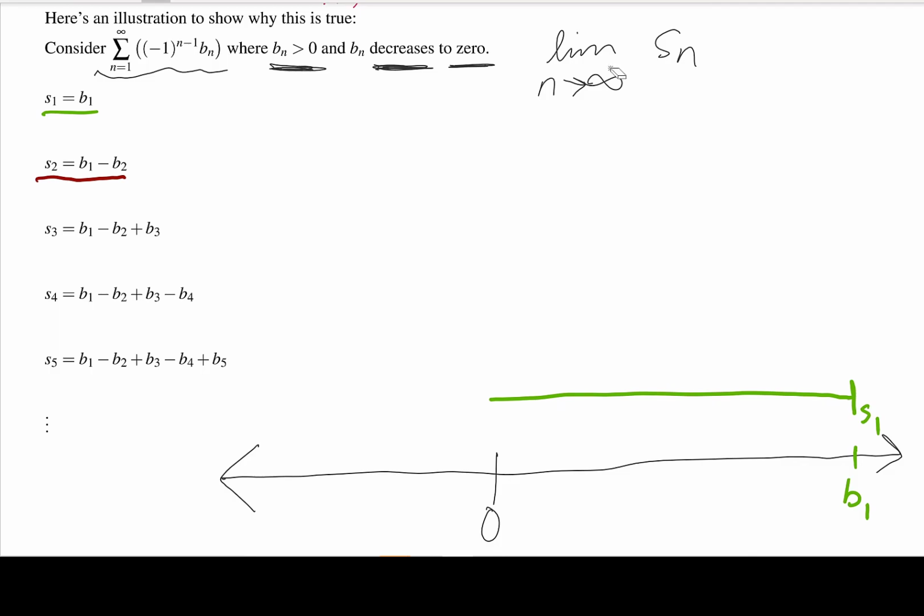So what I want to look at here is that B sub n is a sequence, right? So it looks like B1, B2, B3, and so on. And B1 has to be greater than B2, which has to be greater than B3, and so on.